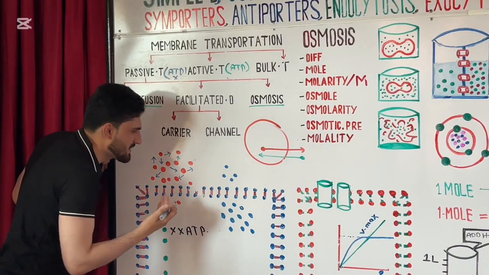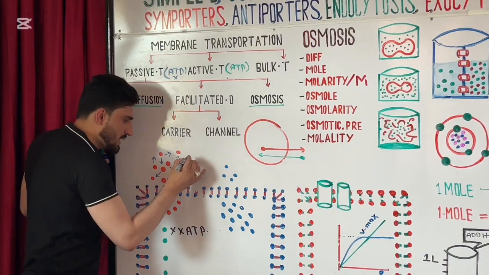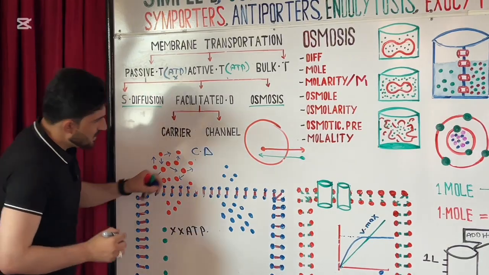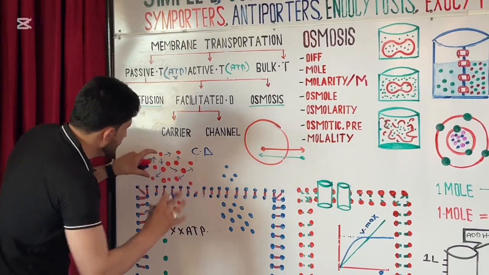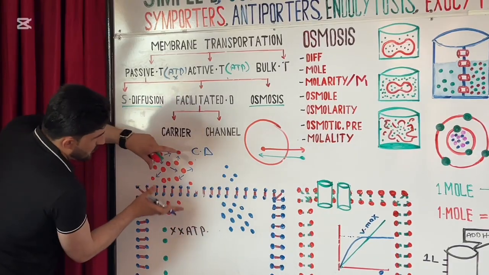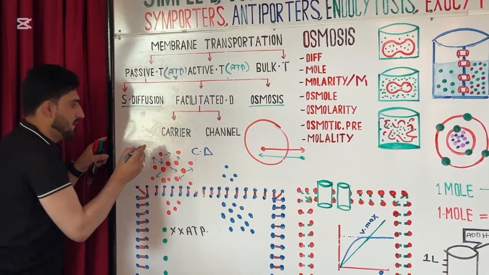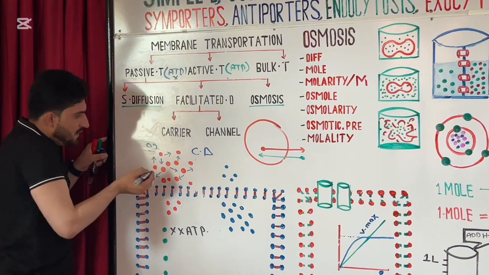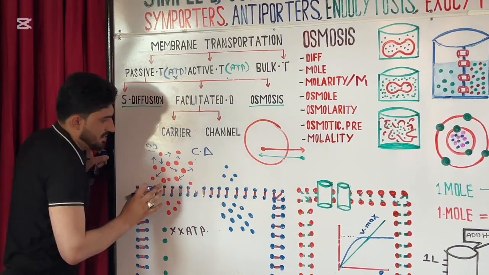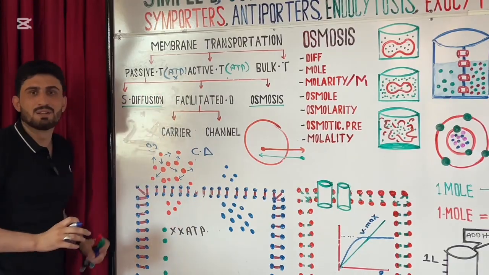What does concentration gradient mean? Concentration gradient means the difference in the amount of substances between two areas. For example, this is oxygen. These oxygen molecules are more outside of the cell than inside of the cell.